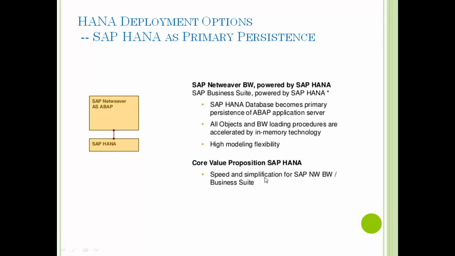And similarly, you can have other SAP Business Suite solutions like SAP ERP, CRM, SRM, which can be implemented directly on SAP HANA using it as a primary database. So what is the core value proposition? Here we can have speed and simplification for SAP NetWeaver BW as well as SAP Business Suite solutions.